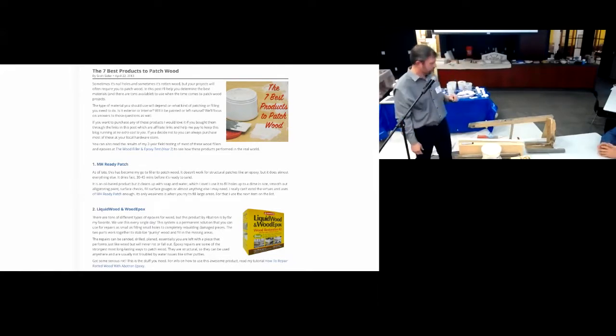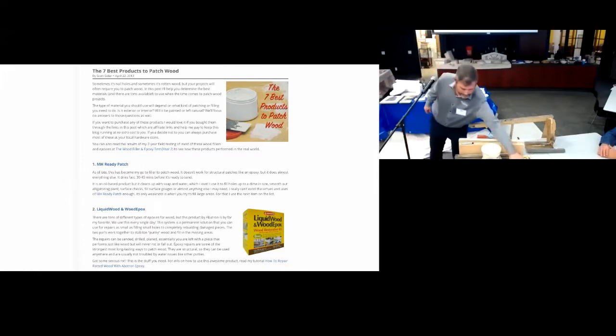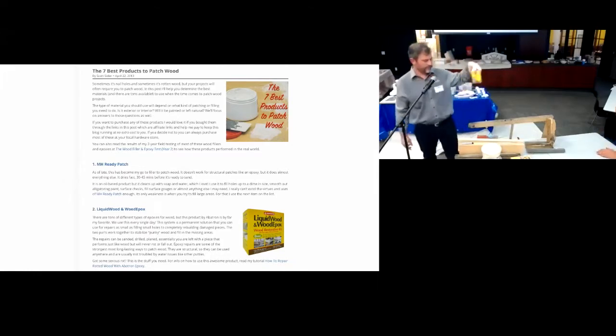So the first is, this happens to be Arbitron product. Also I would recommend that you choose products that are mixed 50-50, that don't require someone to have measuring cups or something like that in order to mix it. It's much easier when it's a 50-50 thing. So this product is a penetrating epoxy.